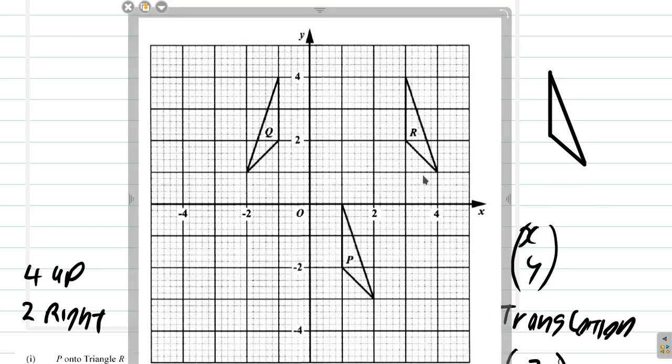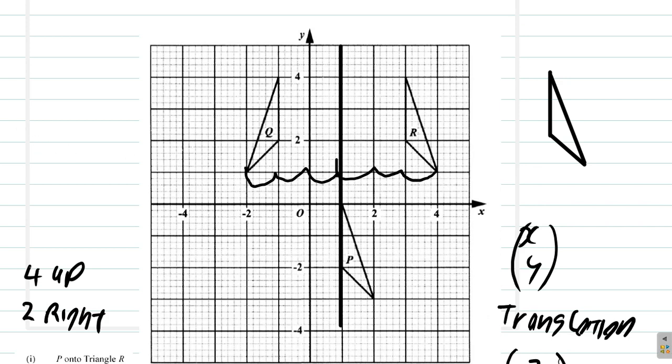You can see that if you make one flip 3 to the left, and with this one flip 3 to the right, it's like a mirror. It's a reflection.